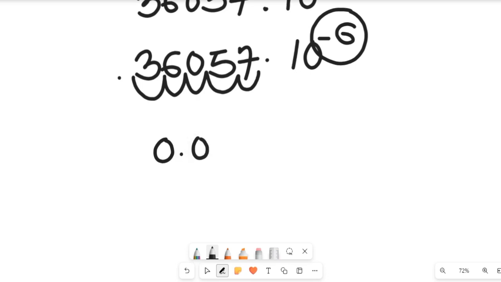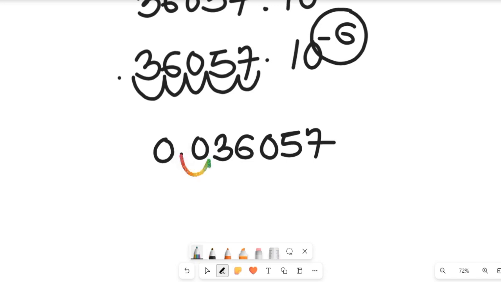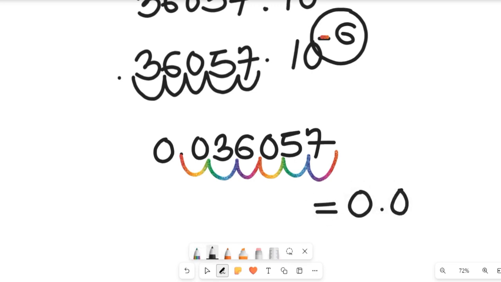Let's put a 0 there to be 0.3605. Remember, if you count this, you're going to count 1, 2, 3, 4, 5, and 6. So we have replaced the negative 6. So our solution is equal to 0.0036057.